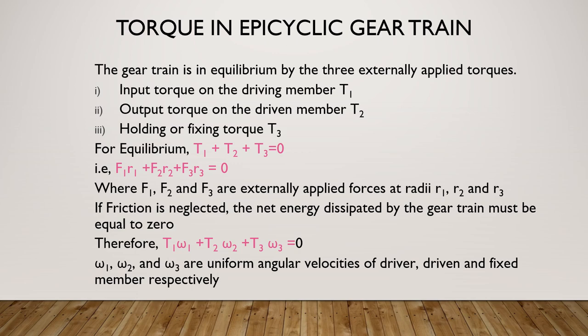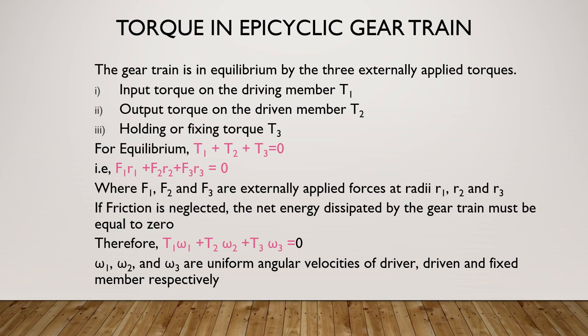Whenever you find the torque, three things are mainly considered: the input torque, the output torque, and the holding or fixing torque. We take them as T1, T2, T3. In the entire arrangement of the gear train, these three are very important. Intermediate torques we are not considering here, only the first torque, the final torque, and the fixing torque, whatever is supporting those gears.